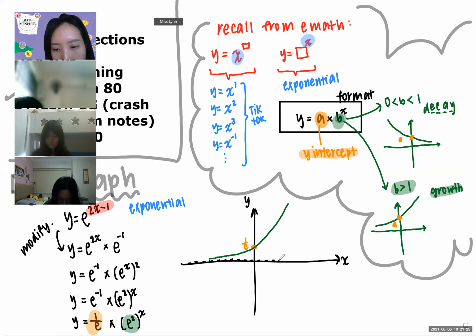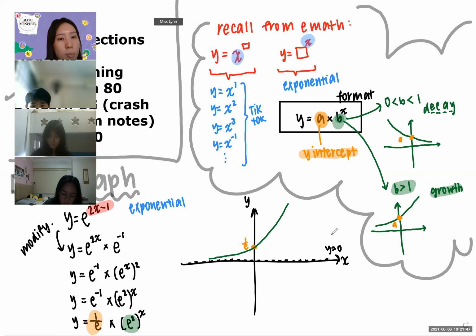It must be touching the x-axis. It cannot float. So it's just nice touching. So this is my asymptote, and my asymptote will be y is equal to 0. And then we have our y-intercept and then the shape.